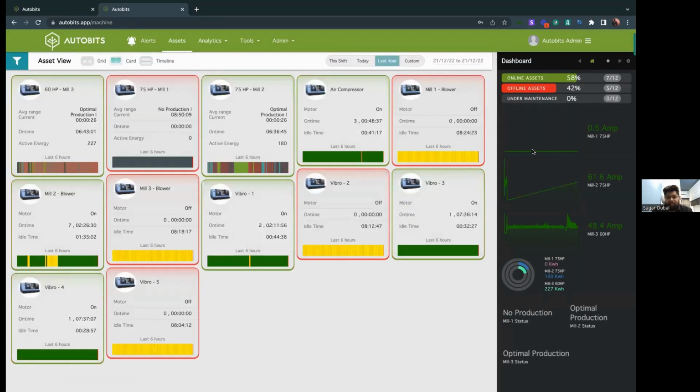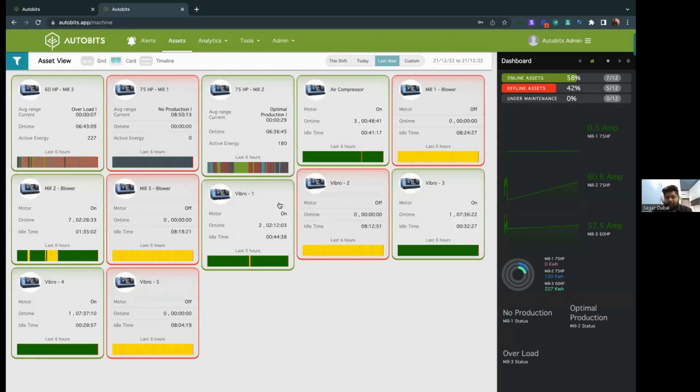So now over here on this mini dashboard, you can see which mill is taking how much power and what is the status. In the same way, I'll show you another screen.